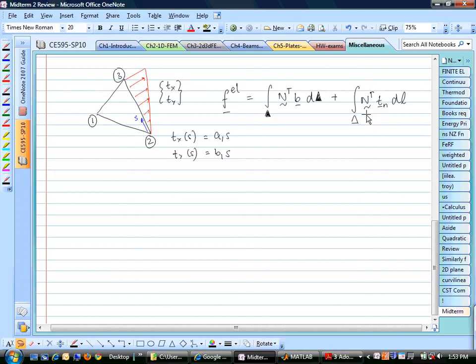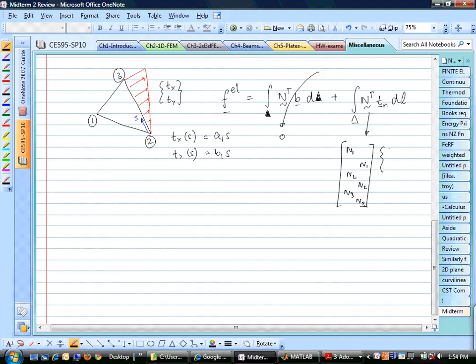What is the size of this matrix? Let's say the boundary force is 0, the body force is 0. What is the size of N transpose? What is the size of N first? How many shape functions do we have? We have 3 shape functions for the 3 nodes, right? So N matrix is 2 cross 6, N transpose is 6 cross 2. That would look something like this: N1, N1, N2, N2, N3, N3.